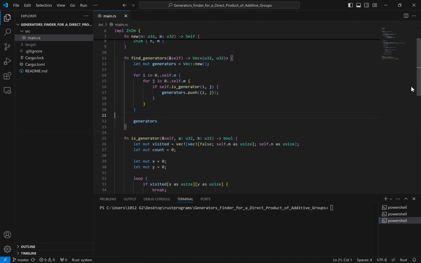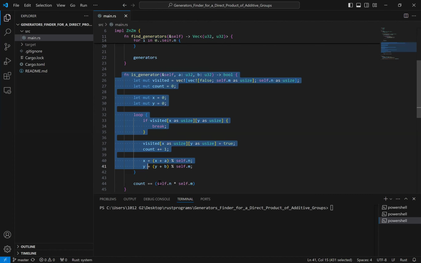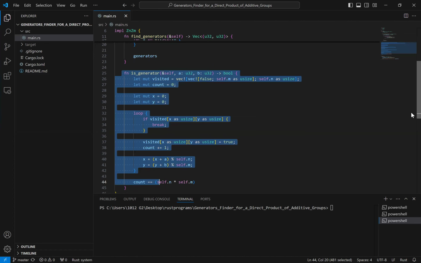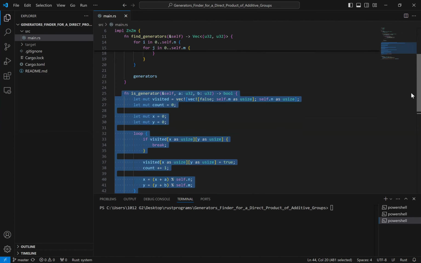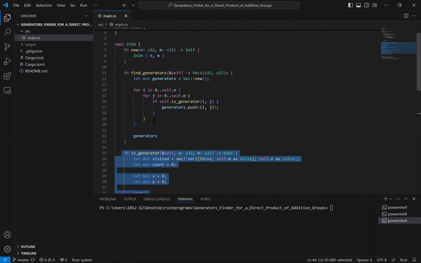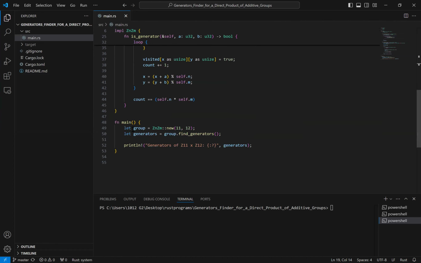After combining 1 and 2, it asks this part to tell us whether (1, 2) is a generator. Then this does that part. And after doing that, it communicates to this one. If (1, 2) is a generator, then it pushes it there. What is the main function doing? The main function, first of all, begins with letting this be a group.